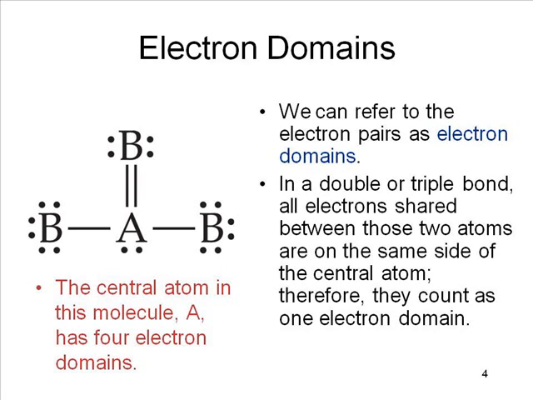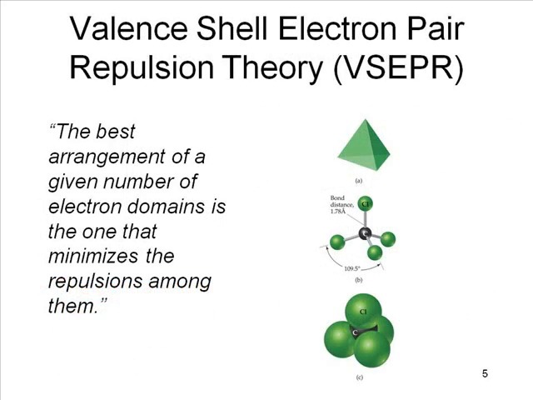So its electron domain geometry will be based upon 4. VSEPR theory suggests that the best arrangement is one that minimizes repulsion amongst the electron clouds. So when you have 4 electron clouds around a central atom, the best way to make everything as far apart as possible is to form a structure which we might call a tetrahedron.